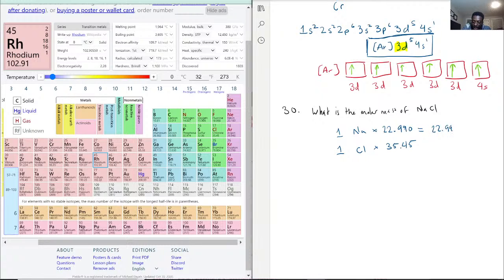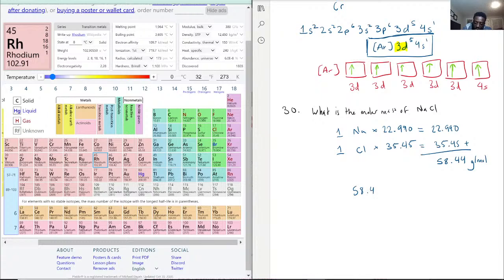Don't know why I had to put that in my calculator. It's going to equal itself. Then we add these together. That's what I needed my calculator for. 58.44 grams per mole.